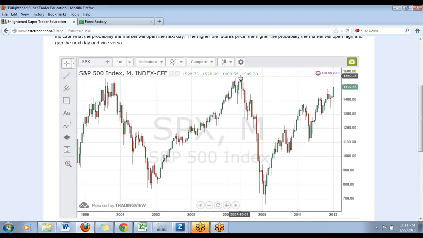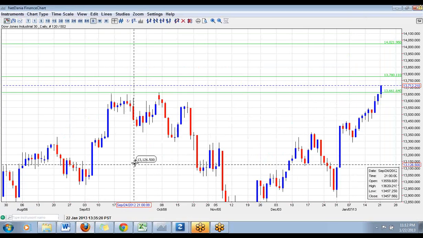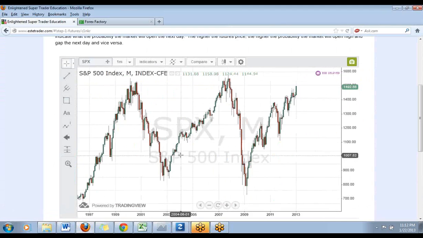Odds and probability they will break that 1576.09 is highly probable. So October of 2007. Still very bullish, nothing's changing it. And if it doesn't want to, then I'll be bearish, pretty much a short-term correction continuation.